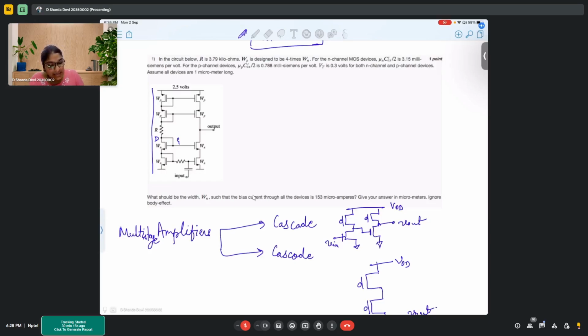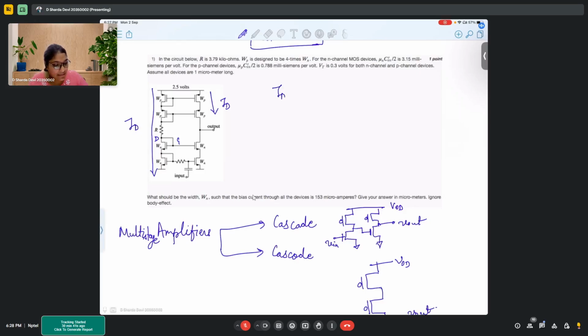So these gates are connected, and gate and drain are shorted. This makes sure that if in this particular branch ID current is flowing, this other branch will also carry current ID, given that their sizing parameters are same. So here it is already clear that all the transistors are in saturation.